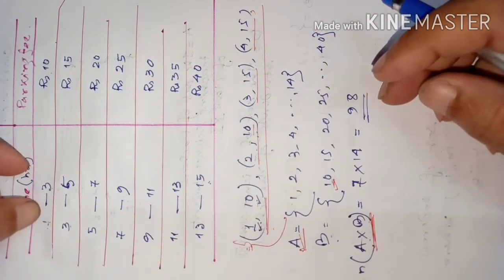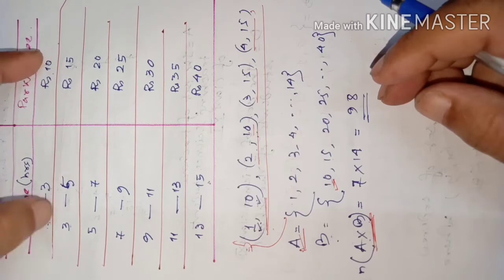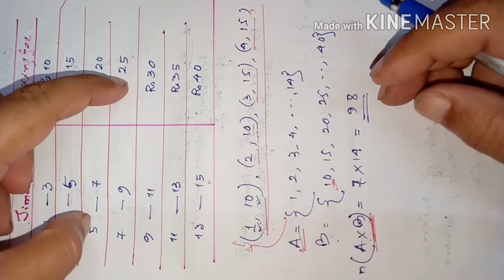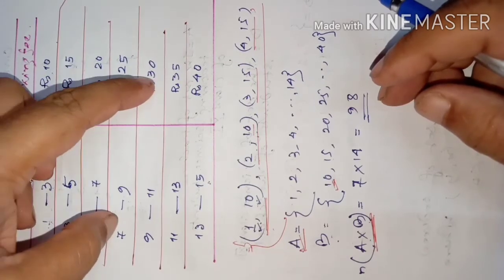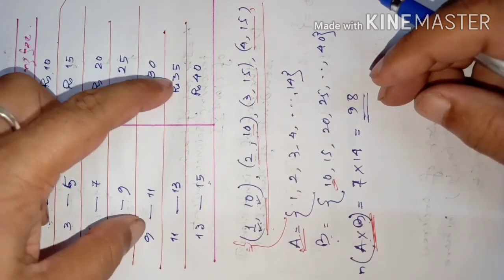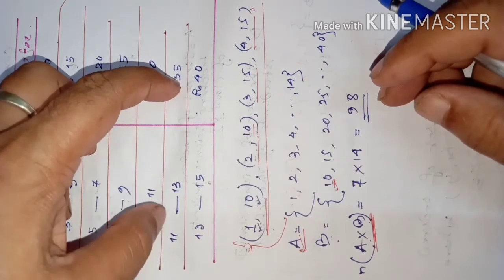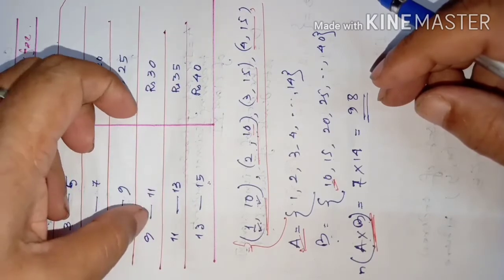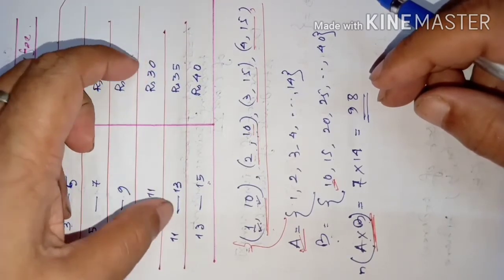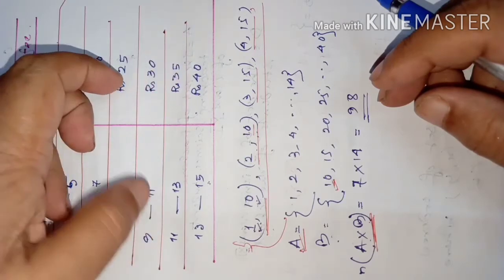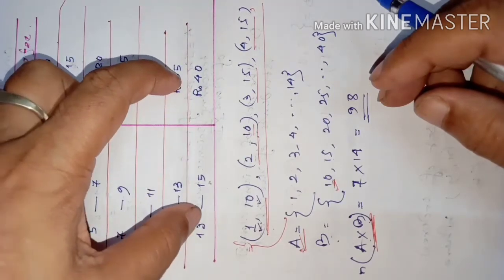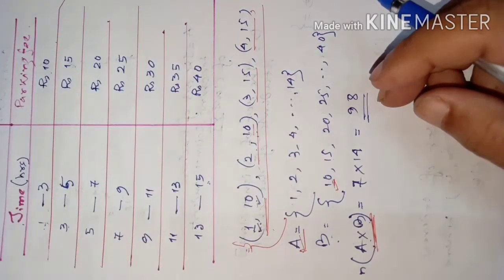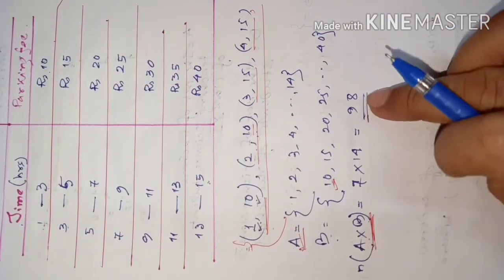You connect like this: 1 to 10, 2 to 10, 3 to 15, 4 to 20, 5 to 25, 6 to 25, 7 to 30, 8 to 30, 9 to 35, 10 to 35, 11 to 35, 12 to 35, then 13 to 40, 14 also to 40. So all these pairs will be there, but in A cross B there will be 98 pairs.